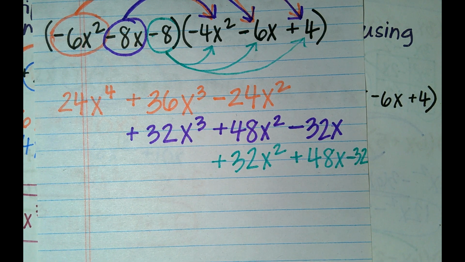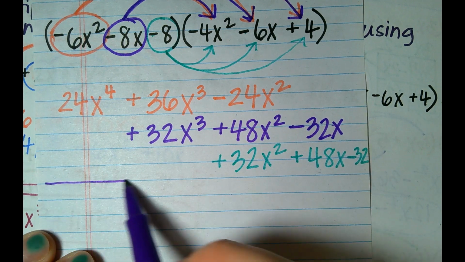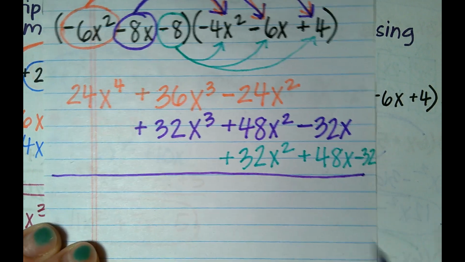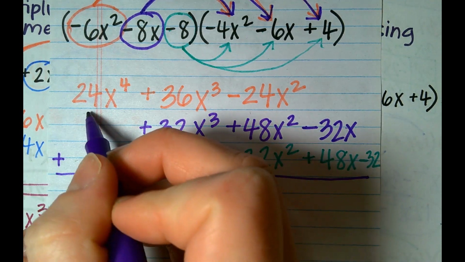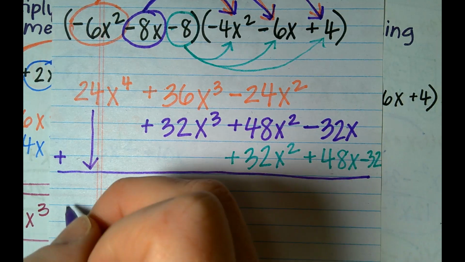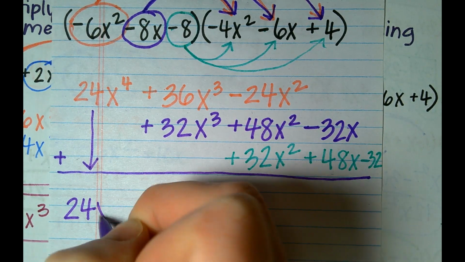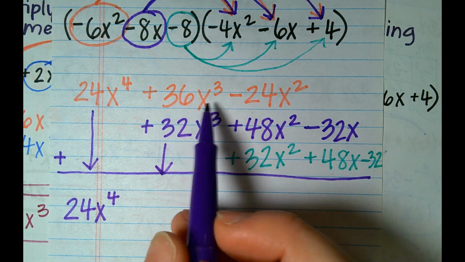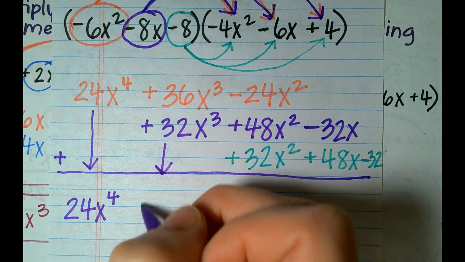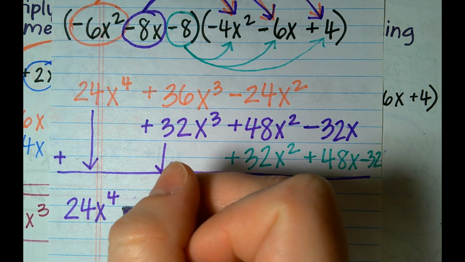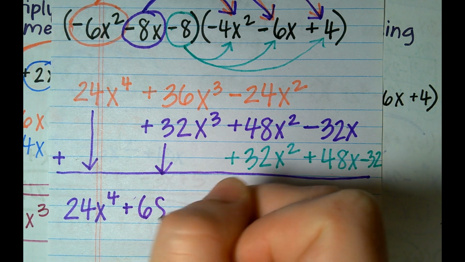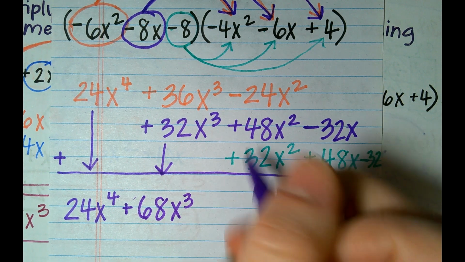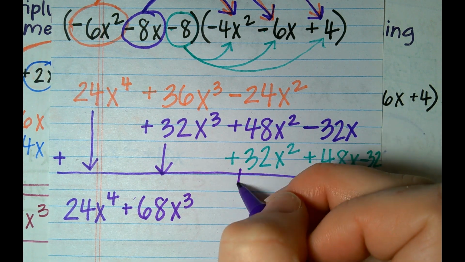All right, I just about ran out of room there. So now we want to add it all together, bring everything down. Good. 24x to the fourth power, 36 plus 32 gives us 68x to the third power. Good. Plus 56x squared.